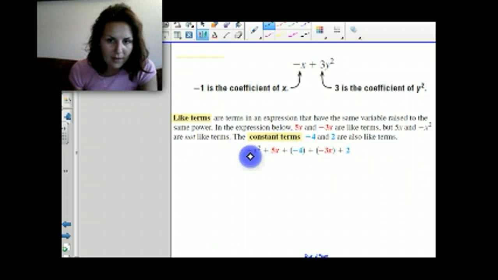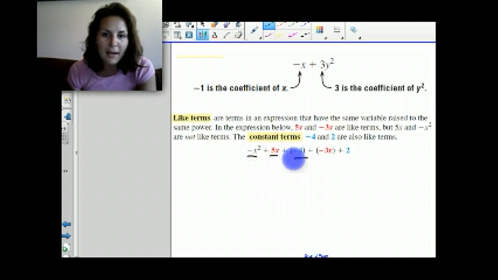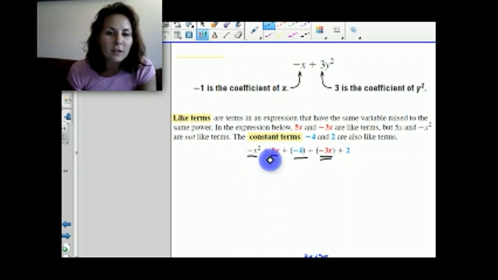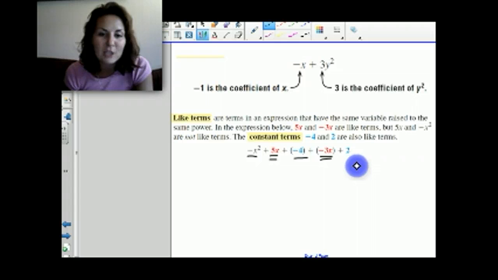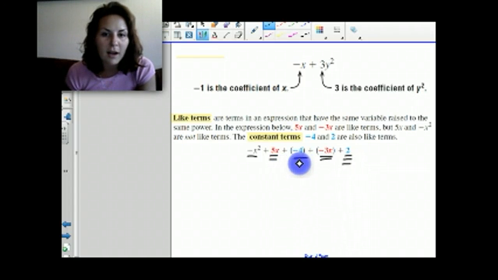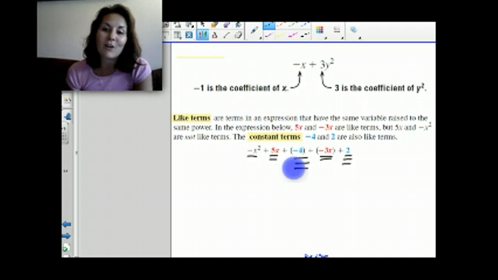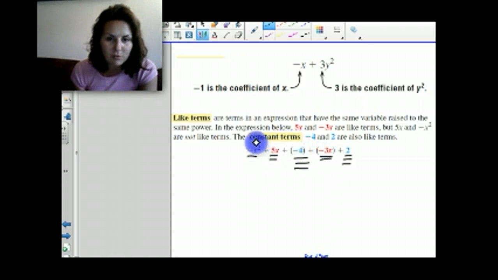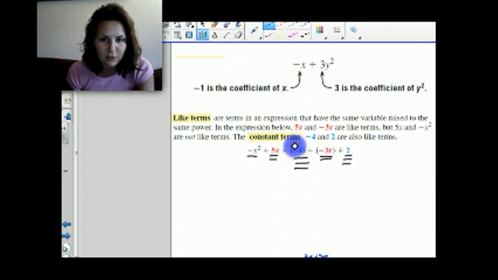So if you look here at negative x squared, 5x, negative 4, we have a negative 3x, which you can see is the same color as the 5x because they are like terms. The 2 is the same color as the negative 4 because they are also like terms, also known right here as constant terms.